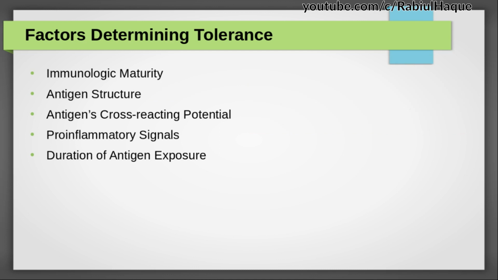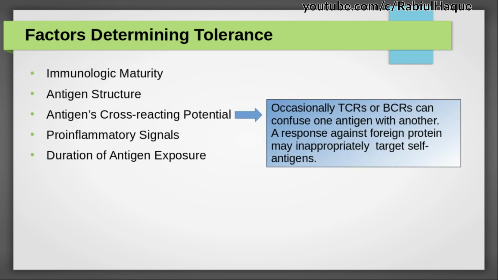Regarding antigens cross-reacting potential, always remember that although T cell receptors and B cell receptors are highly specific, sometimes they do confuse one antigen with another antigen. And what will happen? As a result, there will be response against foreign antigen that is inappropriately targeting self-antigens, and that will also result in a condition that is known as autoimmunity.